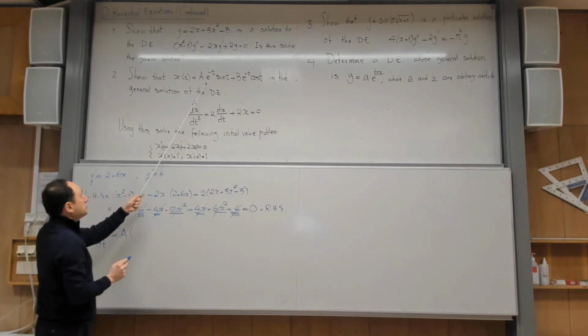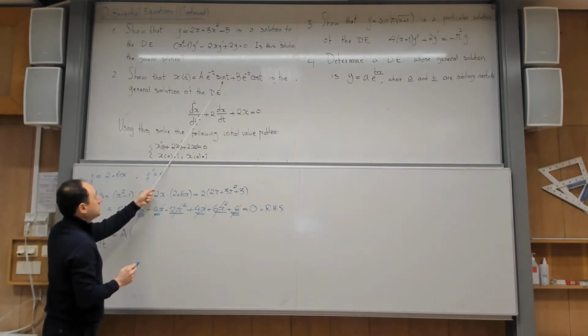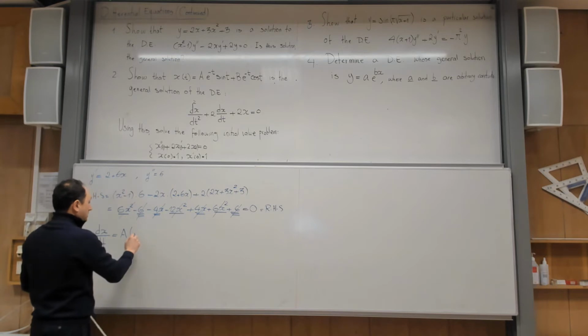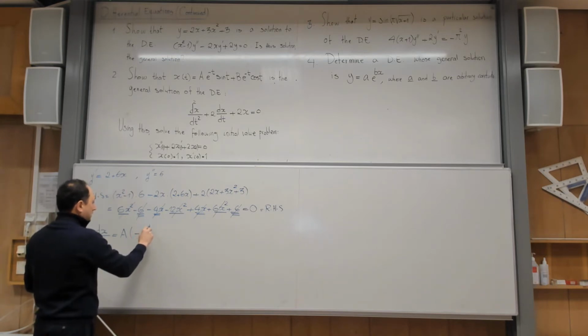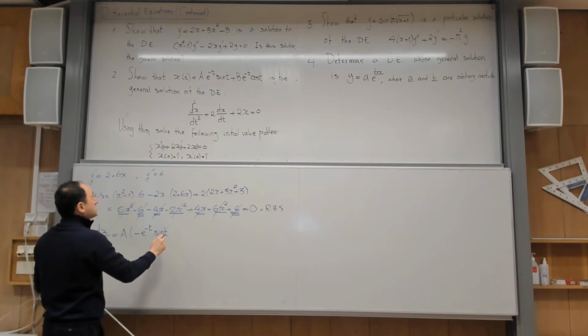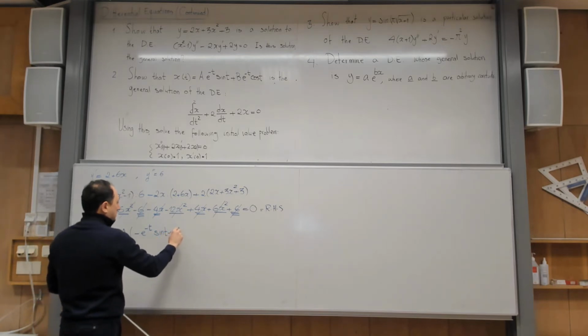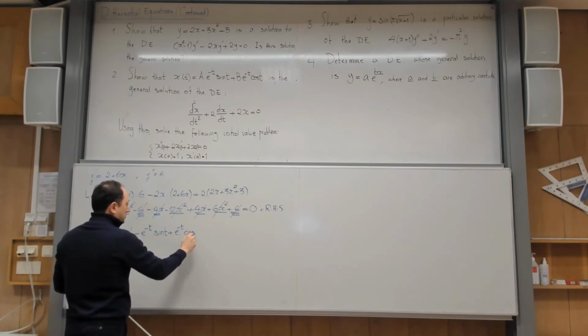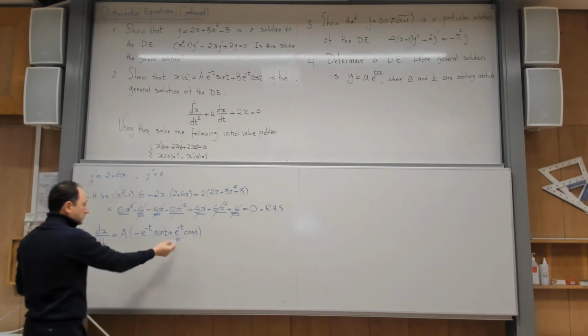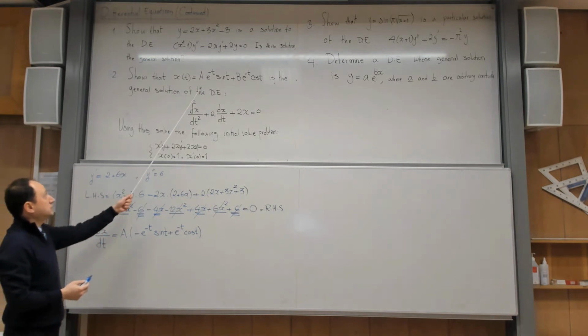This becomes the derivative of this one multiplied by the second one itself. So it becomes minus e to the power of minus t multiplied by the second one plus the first one multiplied by the derivative of the second one, which is cosine t. This expression is actually the derivative of the first one.